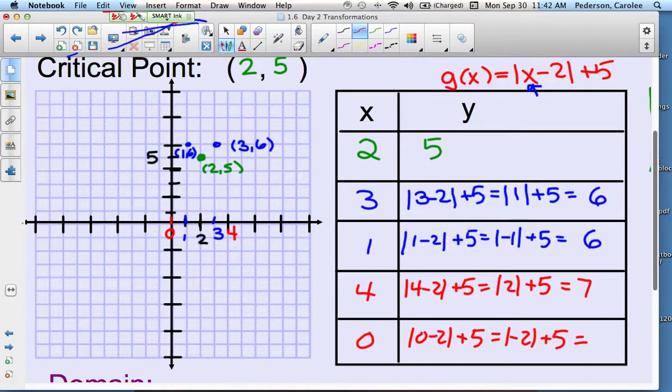Absolute value of negative 2 is 2. Add 5 is 7. We'll graph those: over 4, up 7, over 0, up 7. Now we have our graph of our function with its transformations.